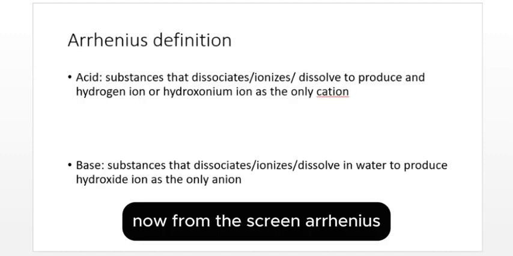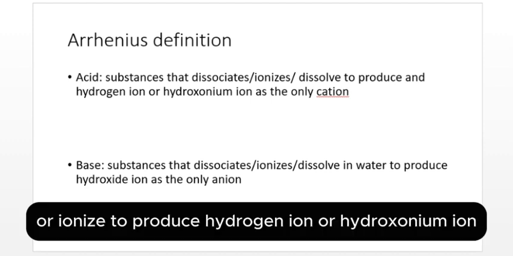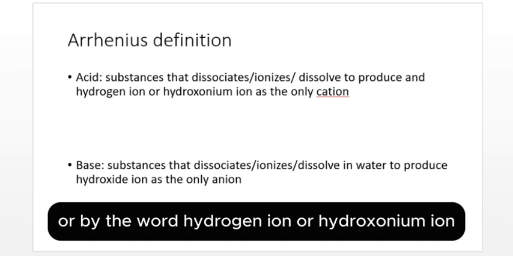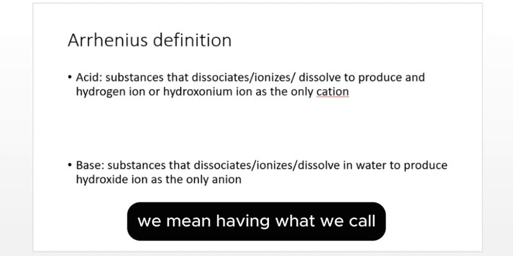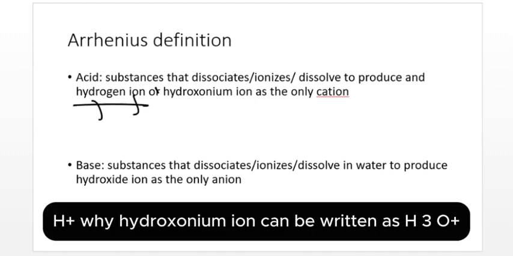Now, from the screen, Arrhenius defined an acid as a substance that dissociates or ionizes to produce hydrogen ion or hydronium ion. By hydrogen ion or hydronium ion, we mean H plus, while hydronium ion can be written as H3O plus.